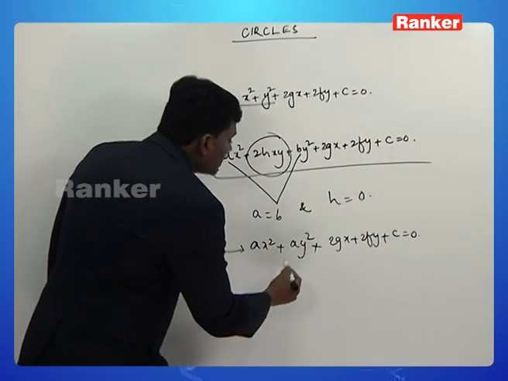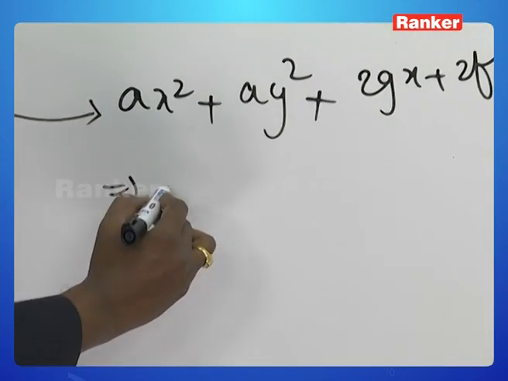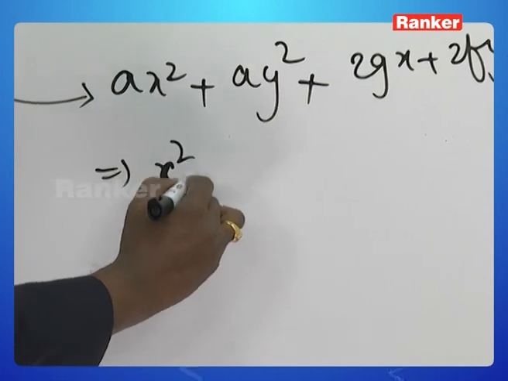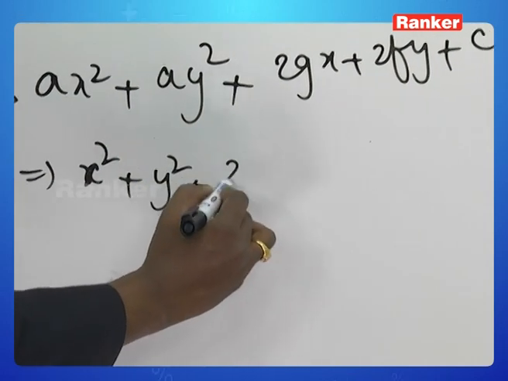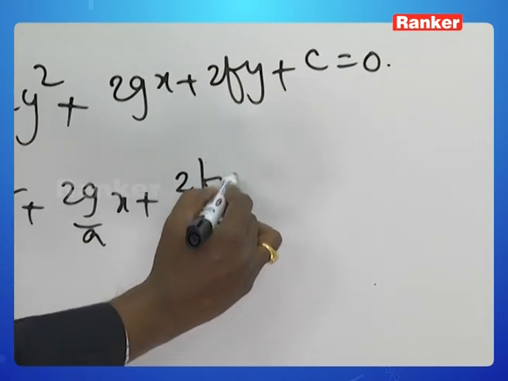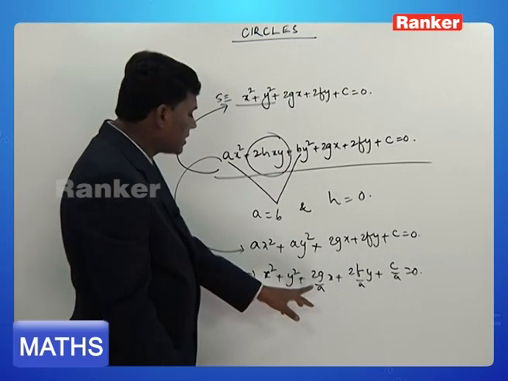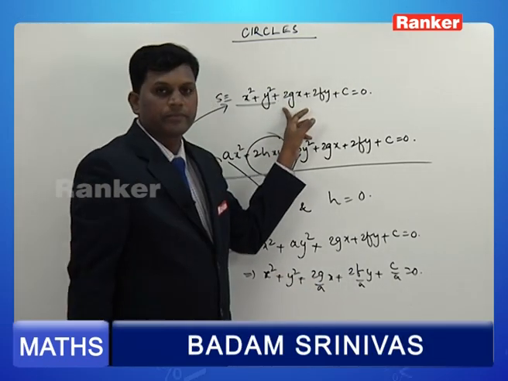Coming to its center, if you divide by a, x square plus y square plus 2g by a x, plus 2f by a y, plus c by a equals 0. Now compare this equation with the standard equation.